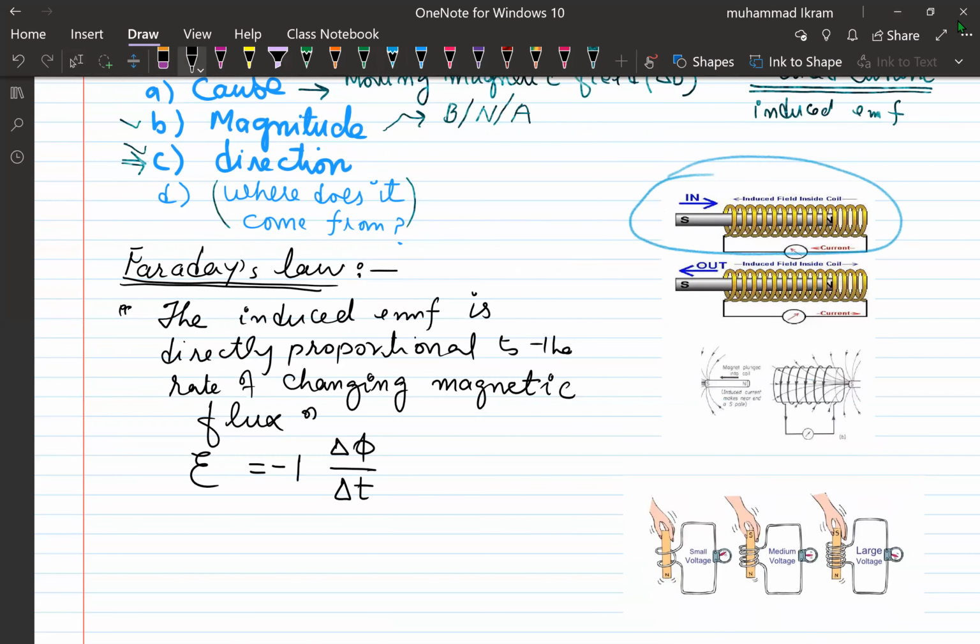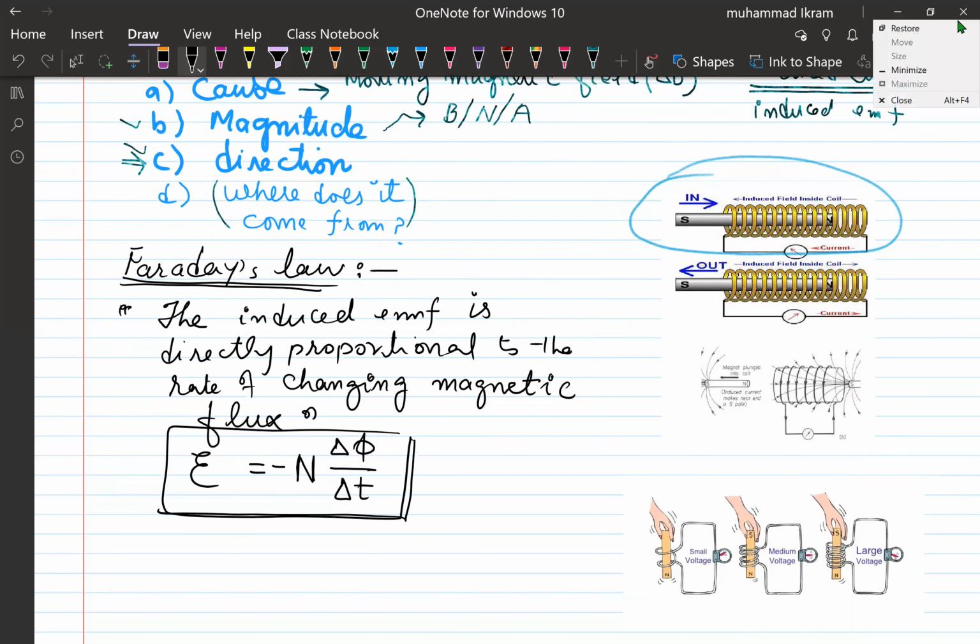And this induced EMF mathematically can be obtained from the expression which you see here. And now I will explain this to you.